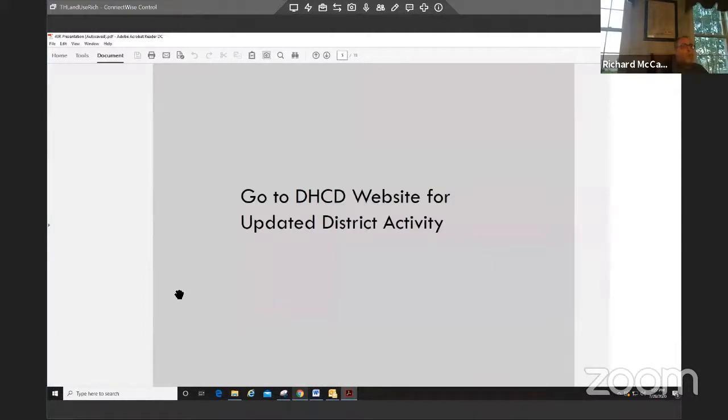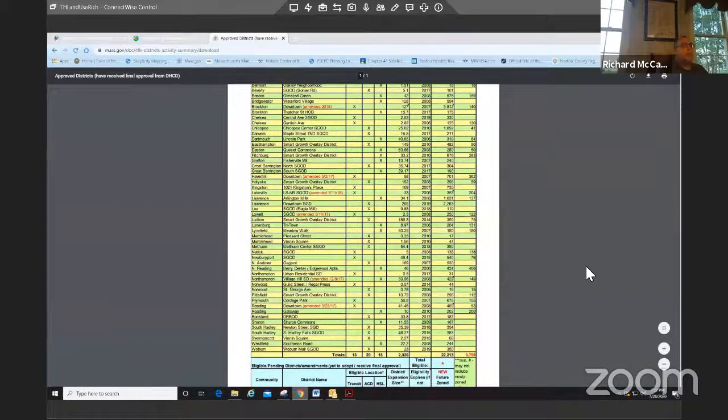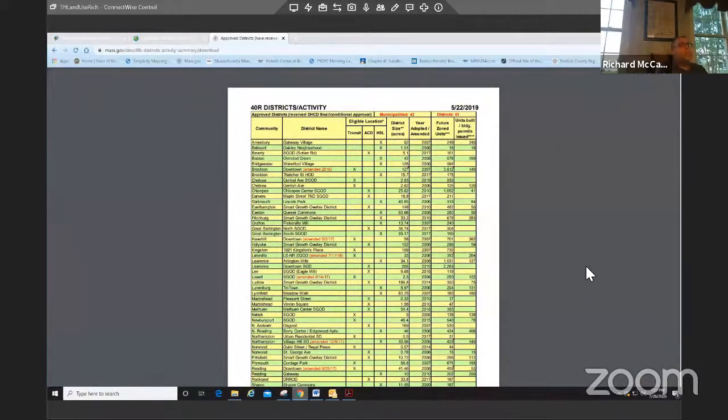The next slide here, I'm going to switch over, hopefully everybody can see this, but this is directly from DHCD's 40R webpage, and this is recent activity updated as of last May for 40R districts.